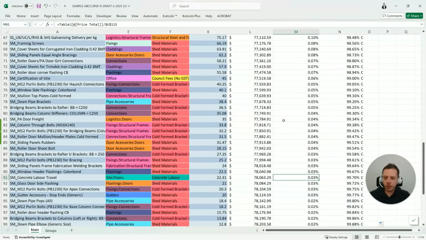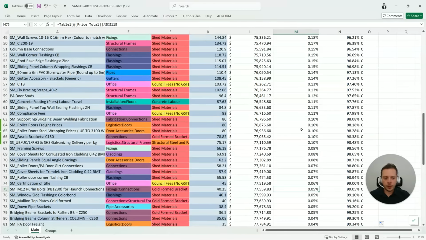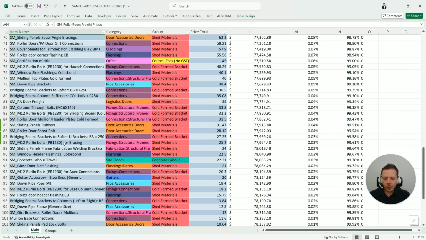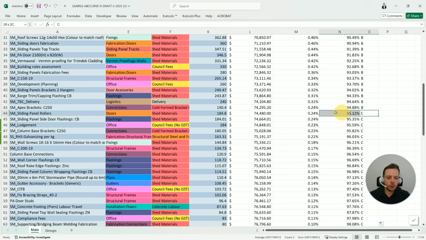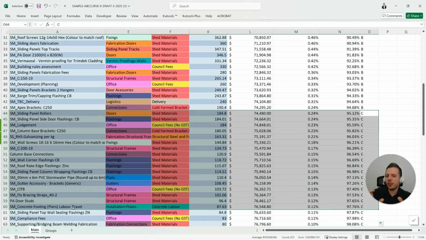Or they might be very worried about purlin bolts, and that represents 0.05% of that shed. Or other formulas that work with P8 door studs or some rolled off freight prices. So you can see that for all of these items, if I had just put a markup of 5% to accommodate for that, that would generally be alright.